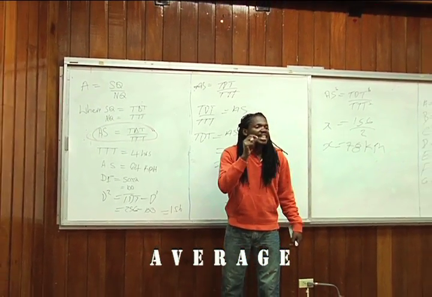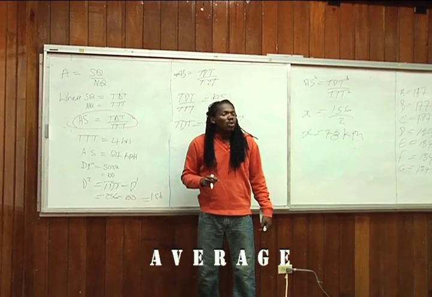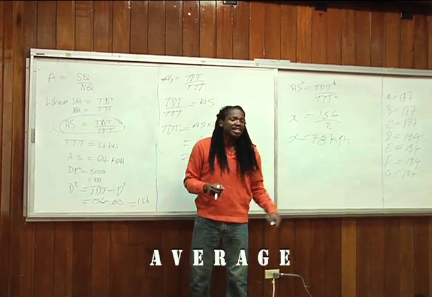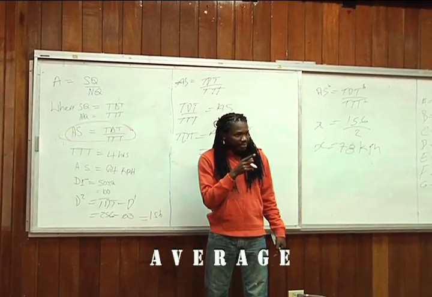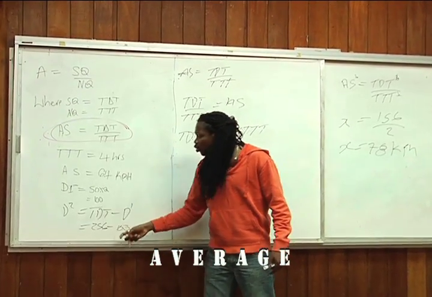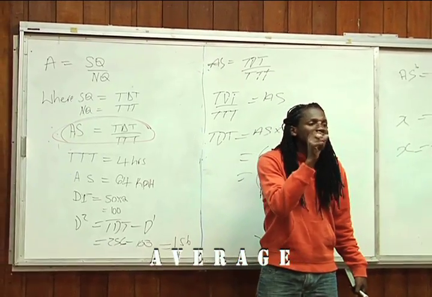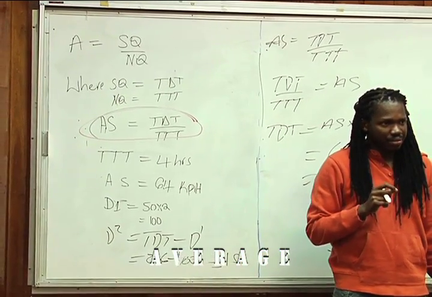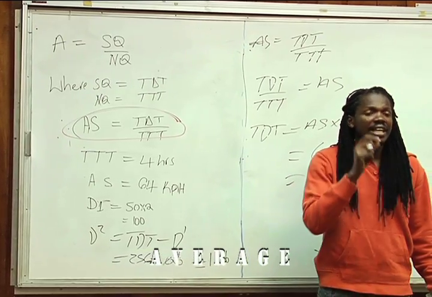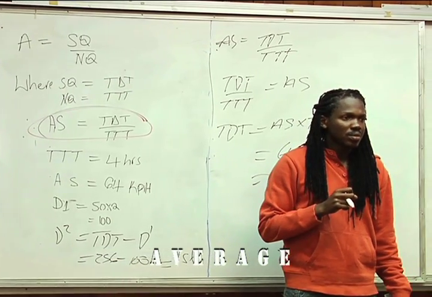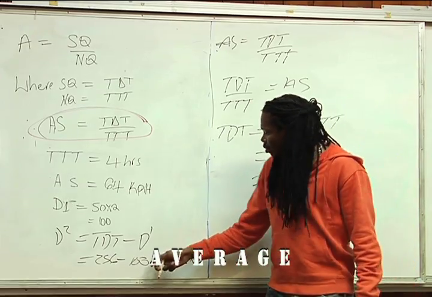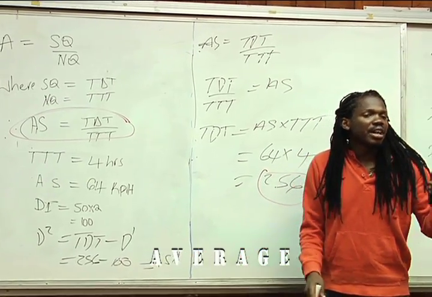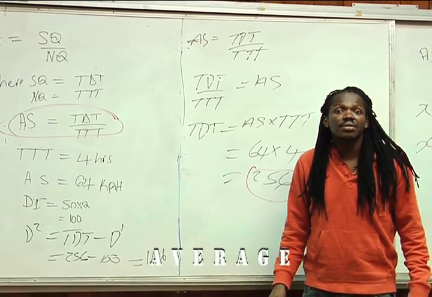So what's the total distance that he would have traveled? 100, because he takes 50 for 1 hour and 50 for the next hour. So of the total distance in the first segment of his travels, he traveled 100 kilometers. That leaves us with how much? It leaves us with 156 kilometers, because he traveled 100 out of 256.